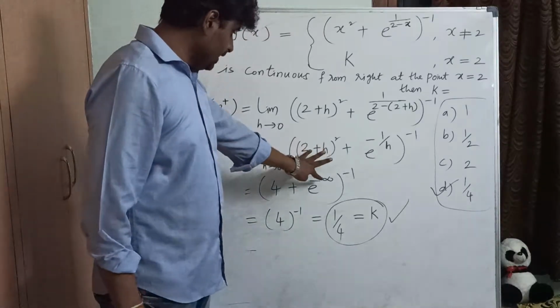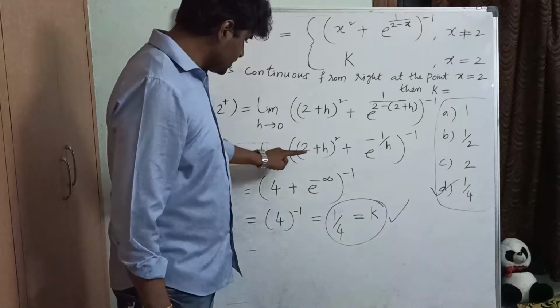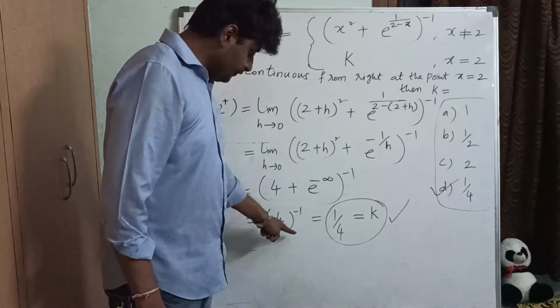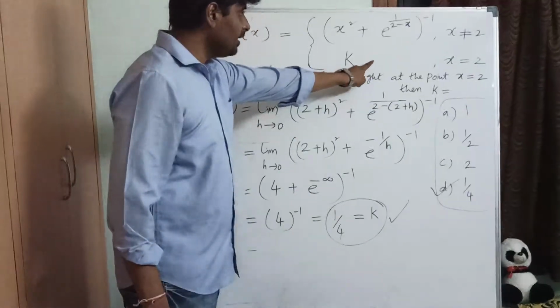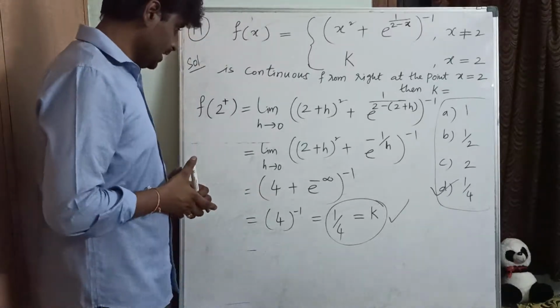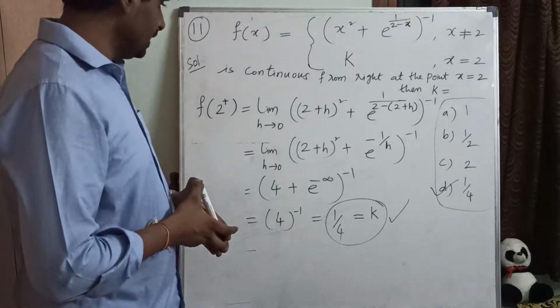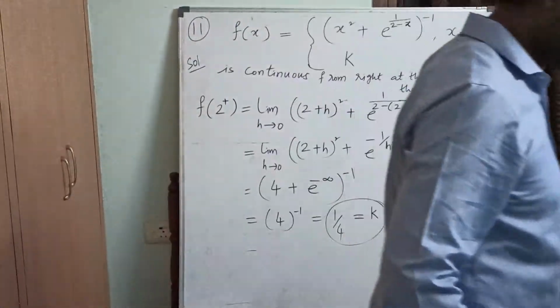I have simplified, substituted 2 plus h, and finally substituted h value 0 there. So finally I got one finite value. That value I am going to equate to the function value, which is k. So from that we get the value of k. So k equals 1 by 4. Clear? So hope you have understood. Just make a note of that.